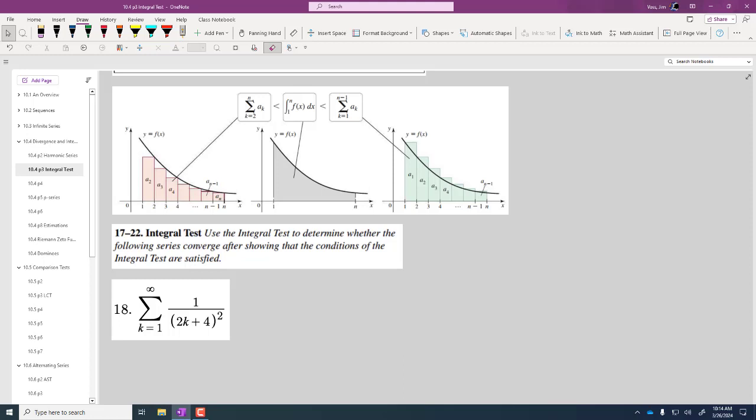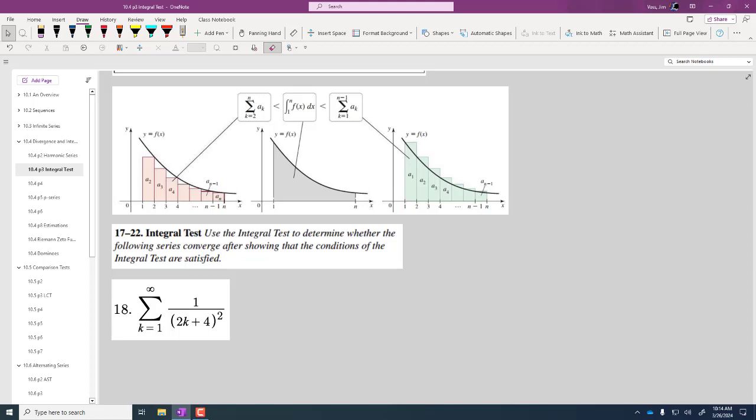So here we're going to look at terms from 2 to n, and here we're going to look at terms from 1 to n minus 1. And what we see is that when we add up these terms right here, how many terms are in each of those summations? How many terms are in this one?